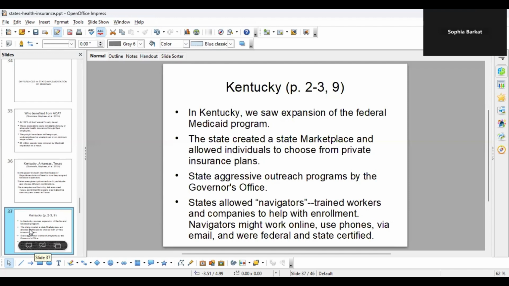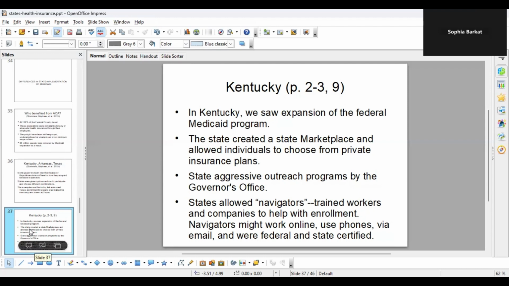So it did a few things. Number one, it accepted federal funding for Medicaid. Two, it gave individuals choice to join private insurance plans. Three, it aggressively reached out to the public through the governor's office.